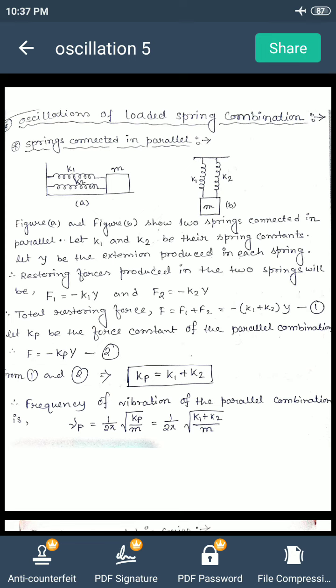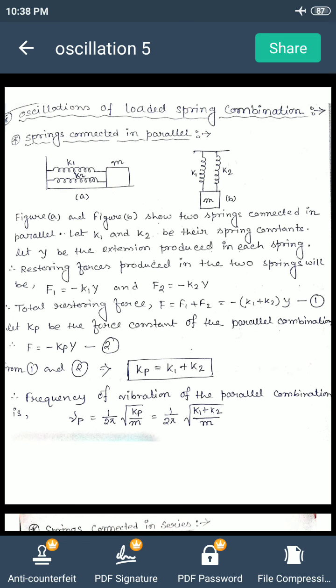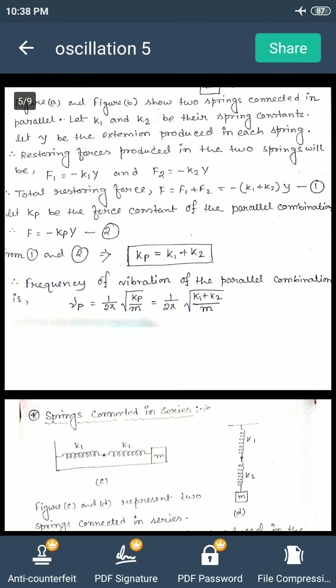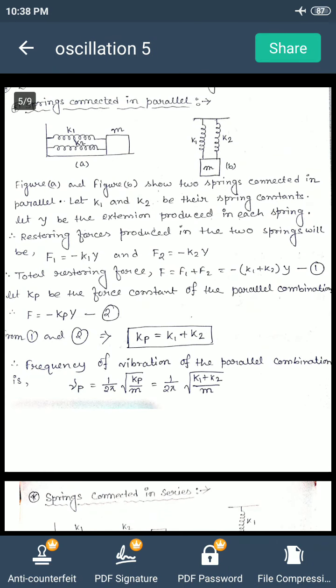Now in place of these two springs, if we connect one spring which is equivalent to K1 and K2, that is called the effective force constant of the parallel combination. So we can write F equals minus Kp into y. The Kp value will be equivalent to K1 and K2 together. So we can write Kp equals K1 plus K2.